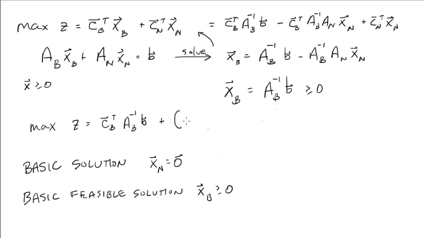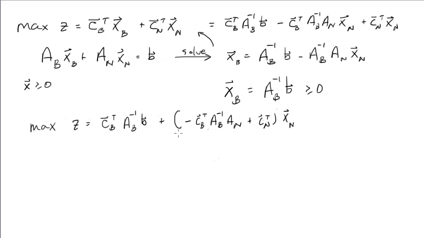Write the dependence on x sub n more explicitly. That row vector applied to x sub n.